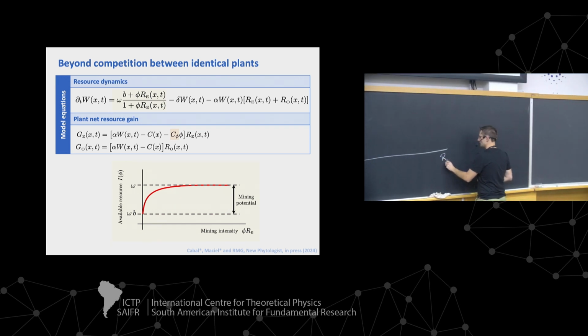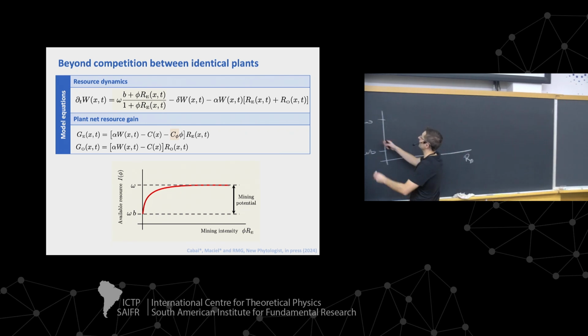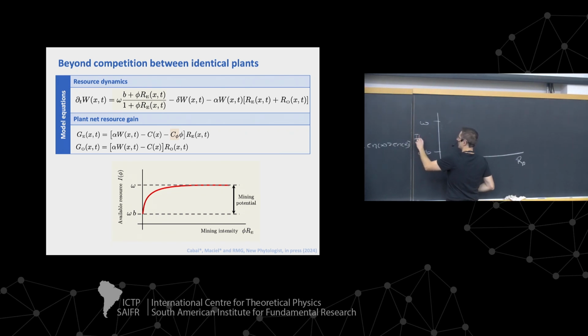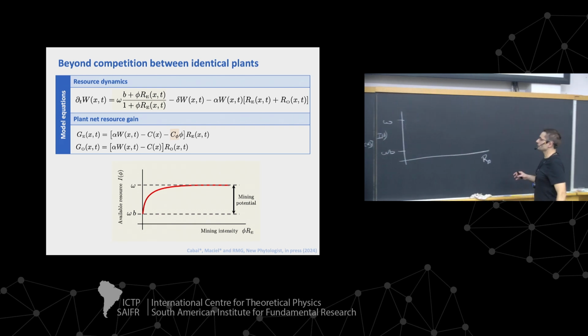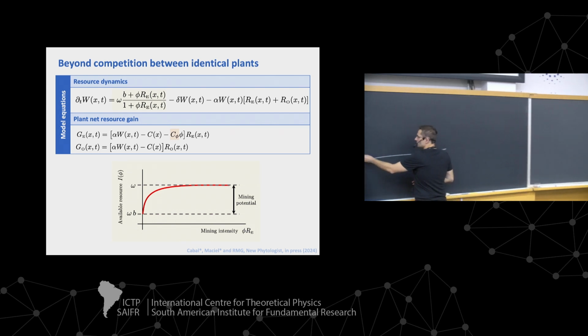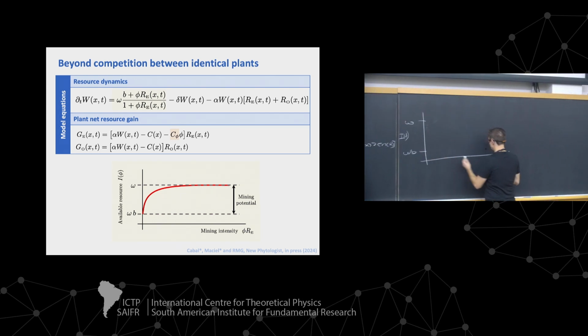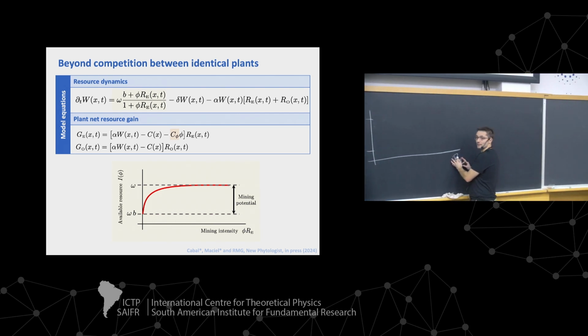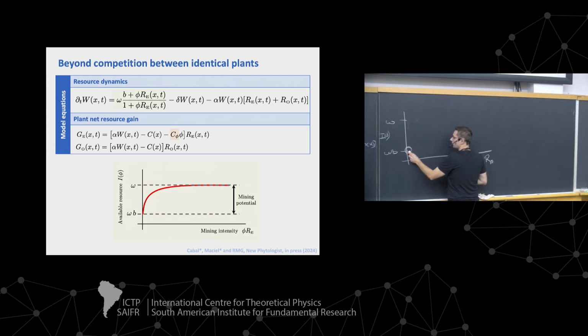What I am taking into account with this positive feedback between the roots of the engineering plant and the available resource that I'm going to call I of phi, is the fact that whenever the engineering plant is not present in the system, the amount of resources has a minimum value, omega b. Right? We all agree with that.